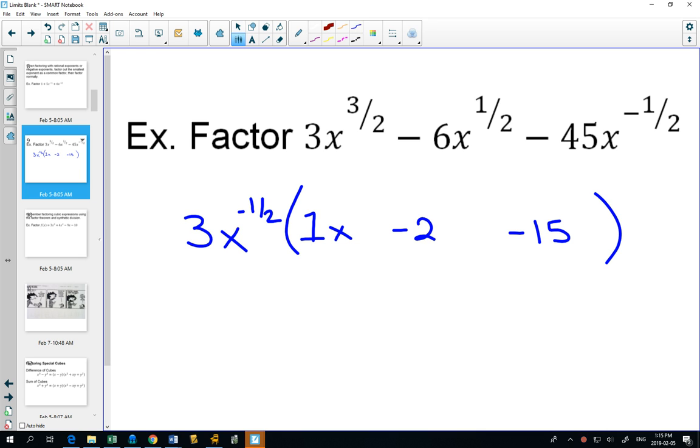One of the ways that's really helpful is to think about using your exponent laws and saying, if I multiplied a -1/2 times something here, I need to get 3/2. And when you multiply exponents with the same base, you add the exponents. So what would be here that if I added -1/2, I would get 3/2?